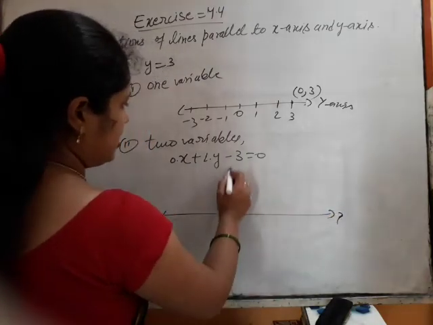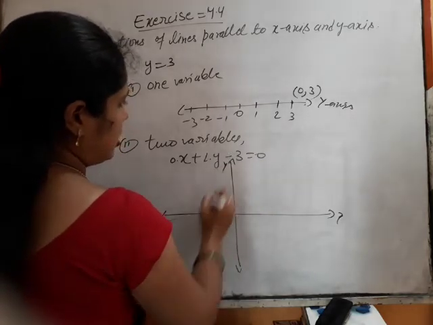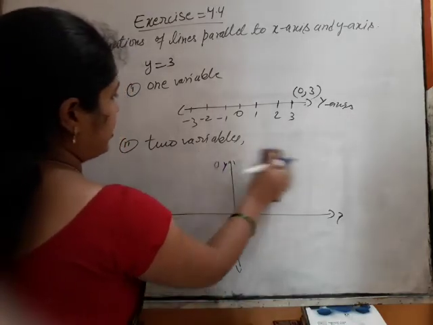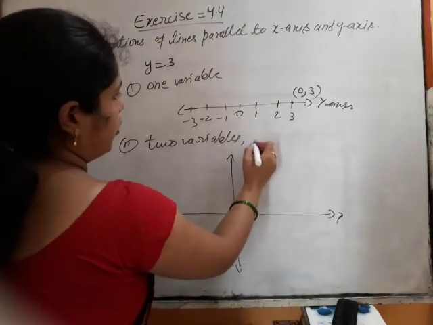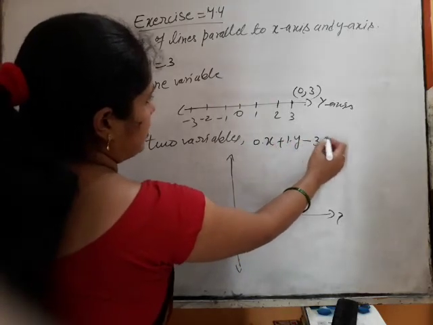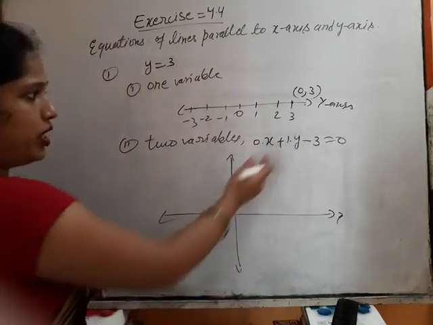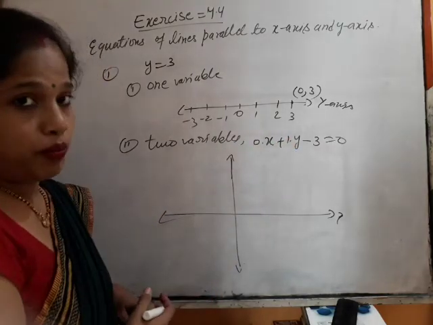This is the x-axis and this is the y-axis. Let me write this equation here: 0 into x plus 1 into y minus 3 equals 0. You need to write this first, then only start the plotting.